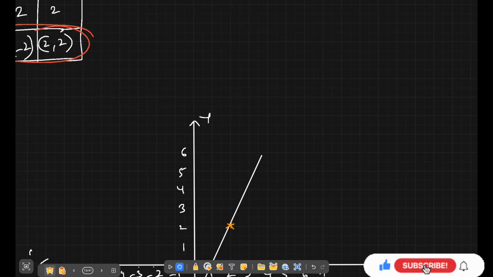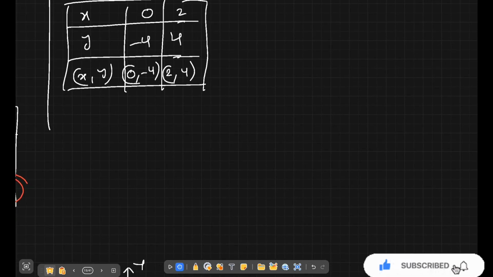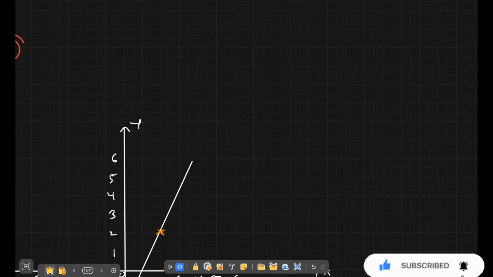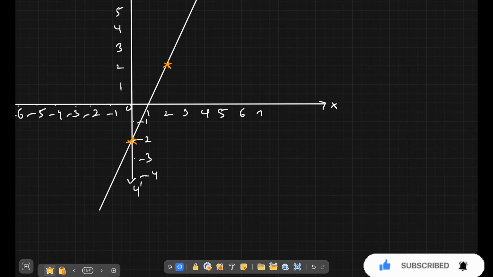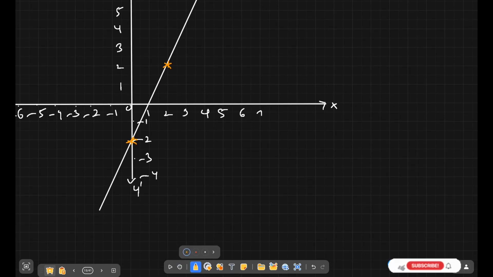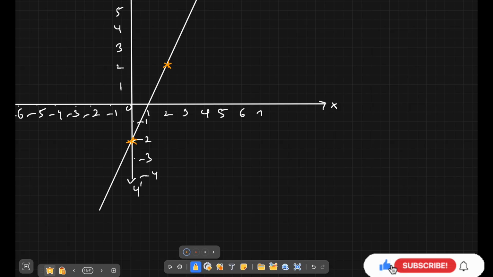And the second line, what is the second line? Second plotting points: 0 comma minus 4, 2 comma 4. 0 comma minus 4, 2 comma 4, right? 0 comma minus 4 here.